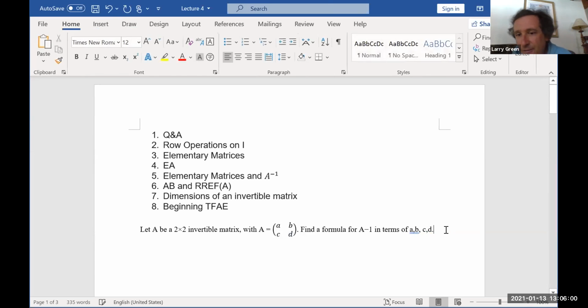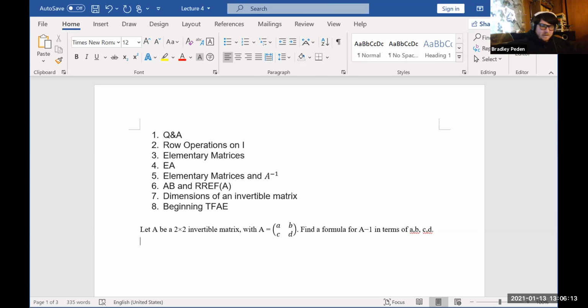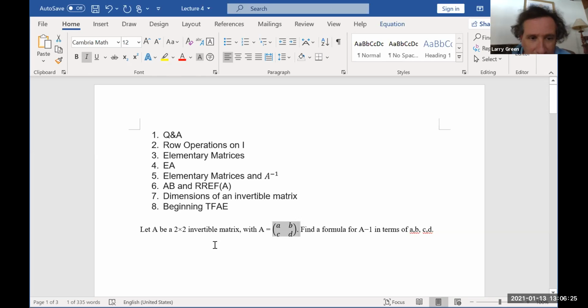Now hopefully, if you were listening or reading the book, there's a step-by-step process to find an inverse. What's the first step? Insert the identity matrix along with that. Right, so we're going to write [A | I], basically. So I'm going to take a 2 by 2 matrix, copy and paste it, and then add a couple columns.